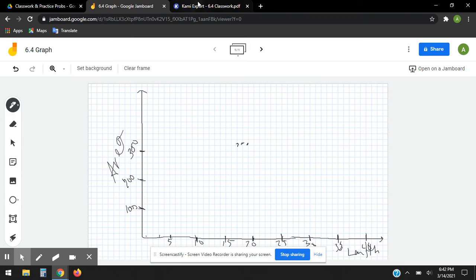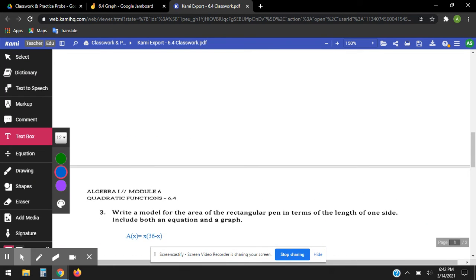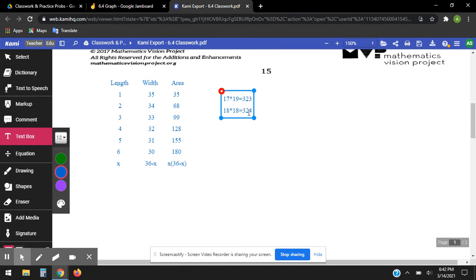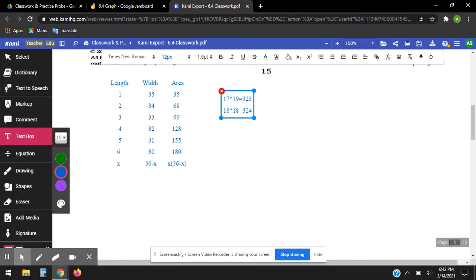One higher would also be, let's go back to here. If I continued this, I would be doing 19 times 17, which then would go back to that 323. So I notice that that's kind of a high point in there, and I'm going back down.